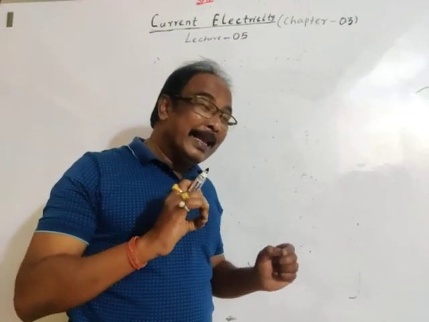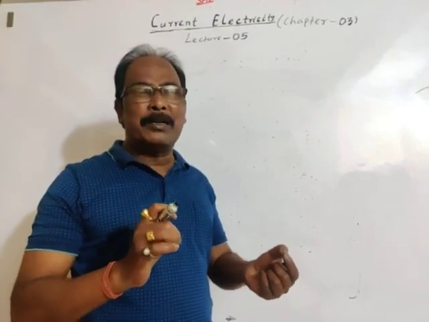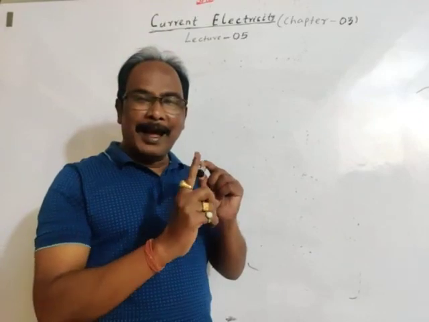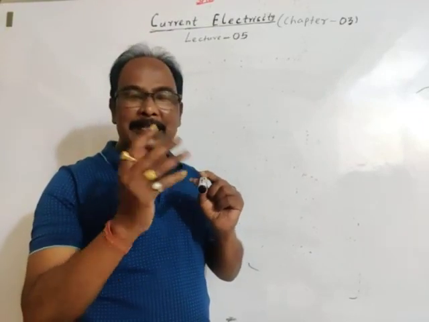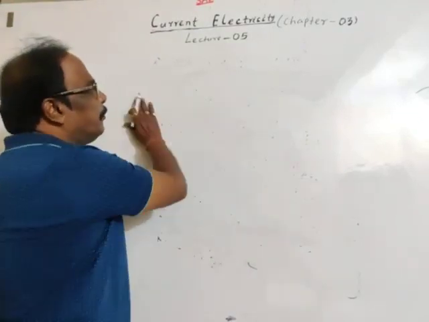So increase or decrease in area of cross section may be expressed as increase or decrease in diameter or radius, if we are considering a cylindrical wire with circular cross section. I am writing the question.